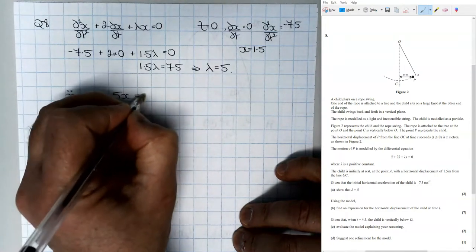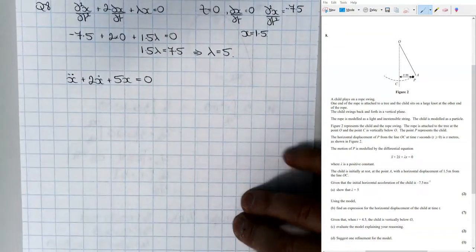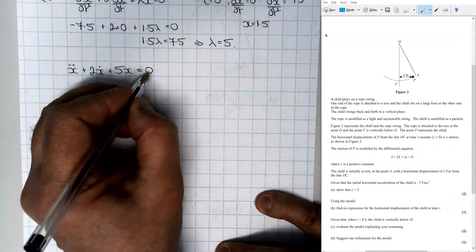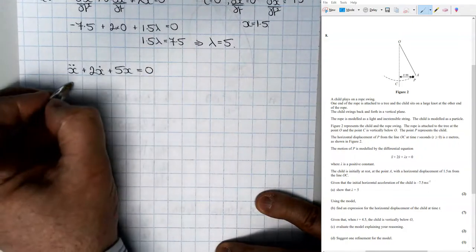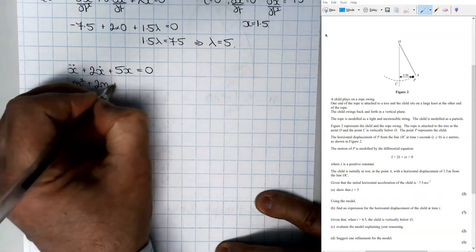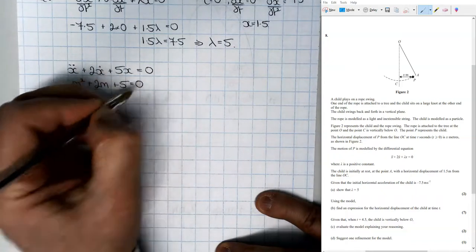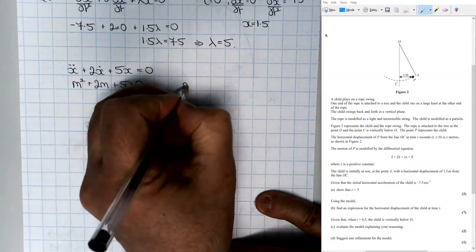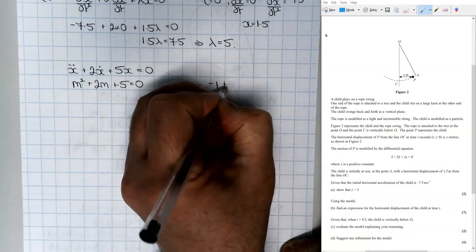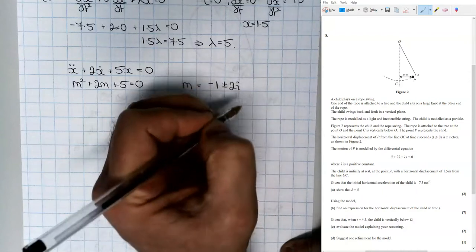5x equals 0. Okay. We've got equals 0 here, which is nice, so we're just going to solve the auxiliary equation. So we've got m squared plus 2m plus 5 equals 0. Use the quadratic formula or our calculators. We get minus 1 plus or minus 2i.